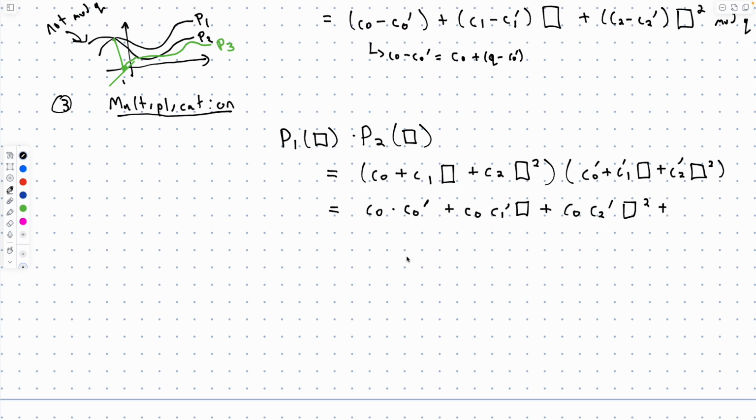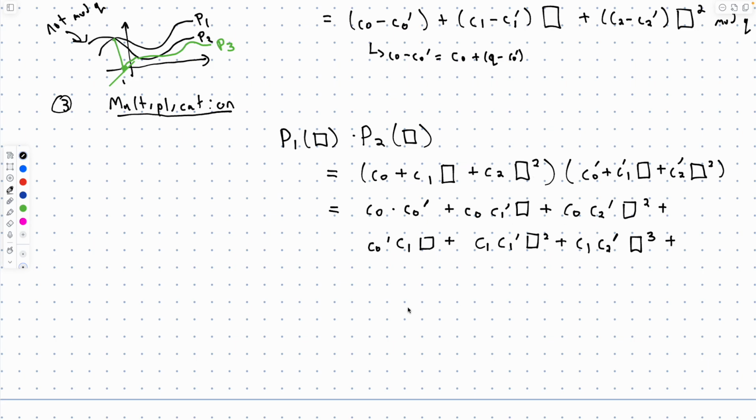Then I'll do this term next. So we'll get C1 box times C0 prime. I'll put that out in front. I'll get C1 C1 prime box squared. And then I'm multiplying this by the third term. So I'll get C1 C2 prime box to the 3.